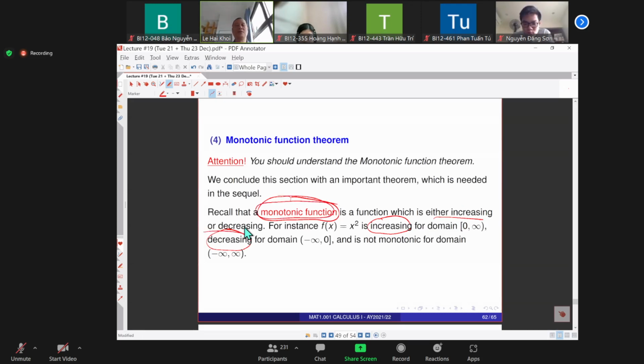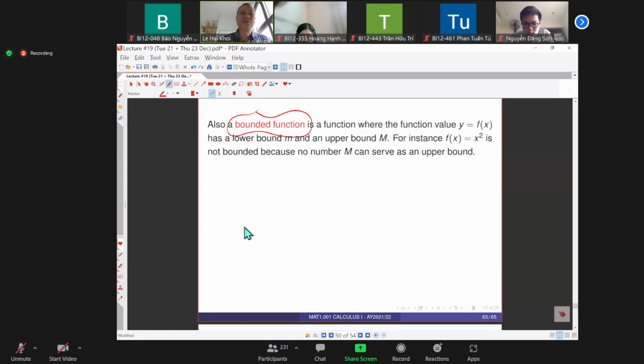Okay? So then for such a result, you also need the so-called bounded function. A bounded function means a function defined on some domain, but the value of the function is in between small m and big M. Okay, small m and big M. For example, f(x) is x squared.